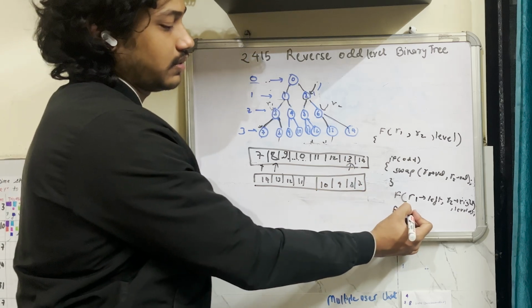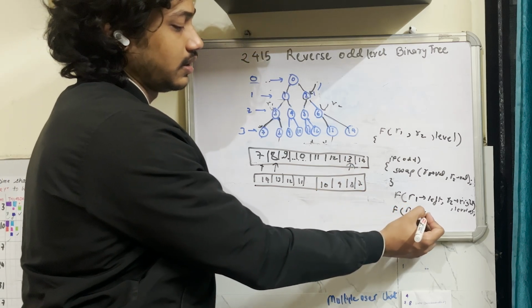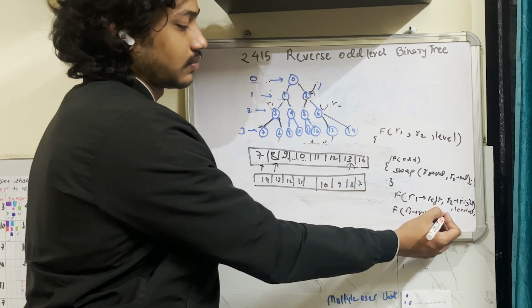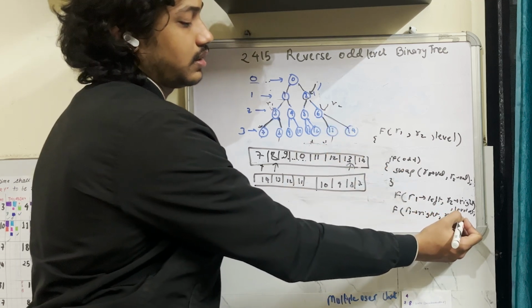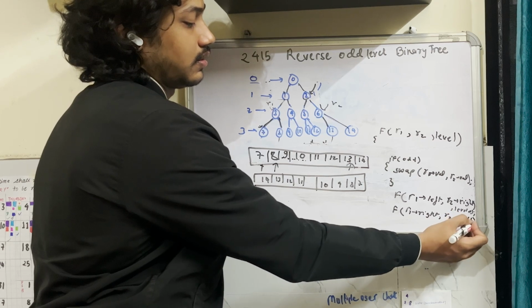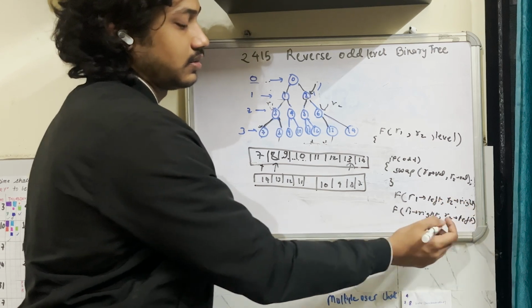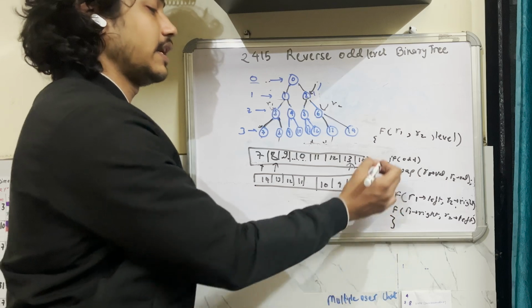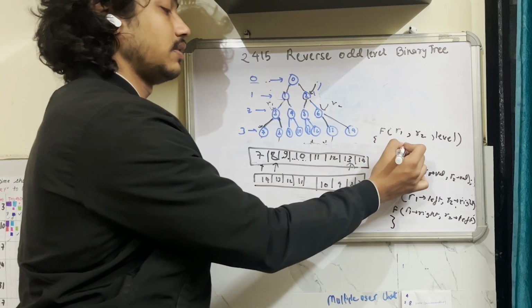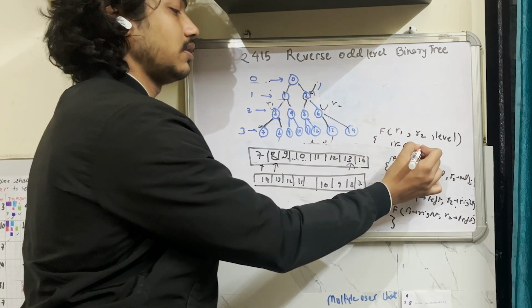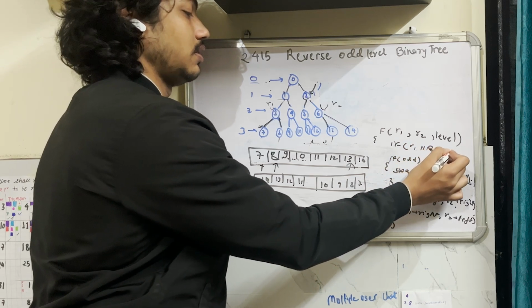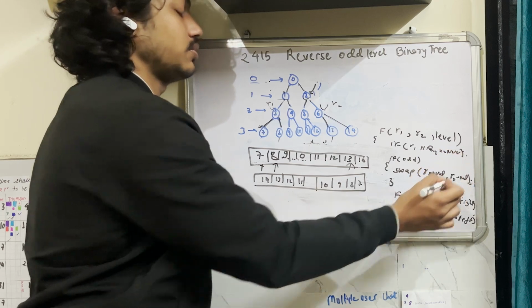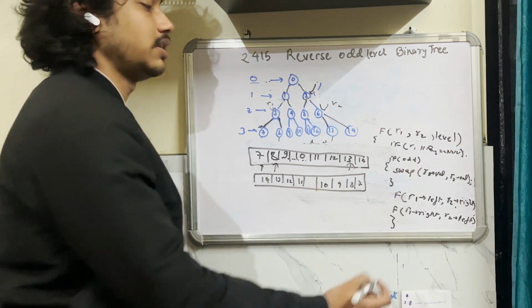So r1 arrow right, r2 arrow left. And you'll end if r1 or r2 equals null. This is just the pseudocode. I'll show you the code, and it's simply written.